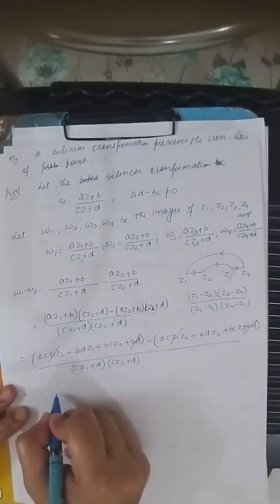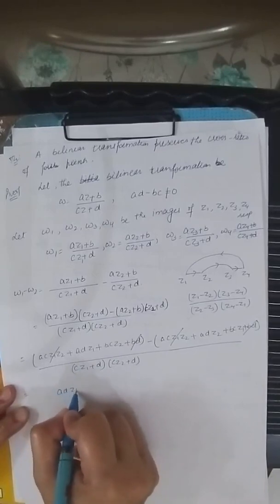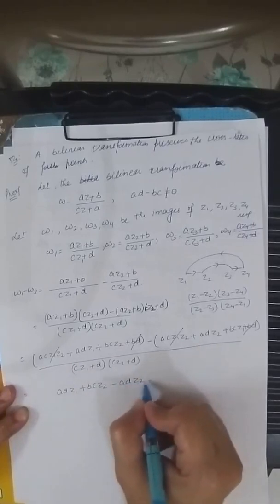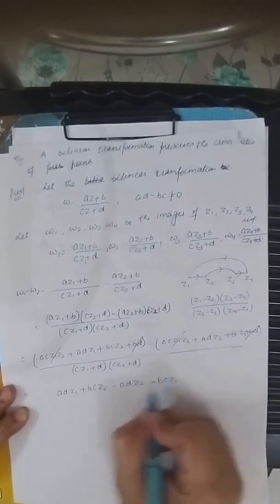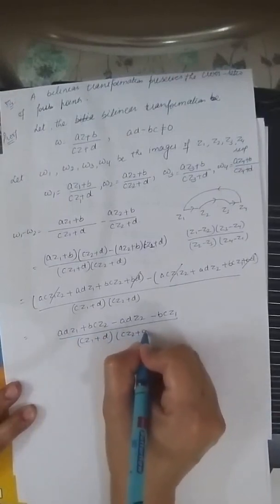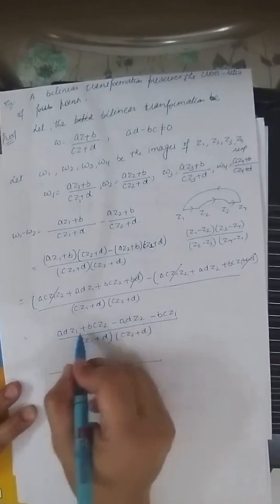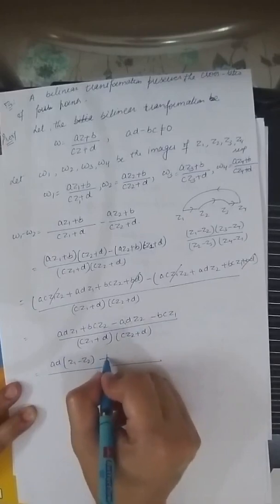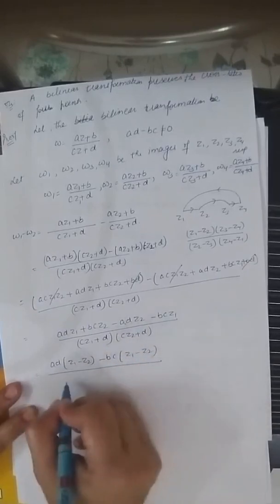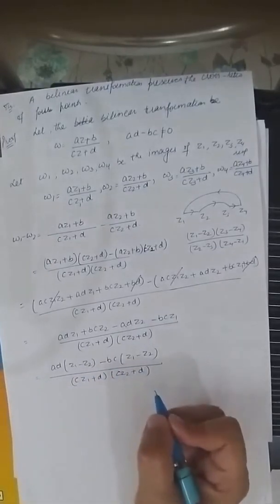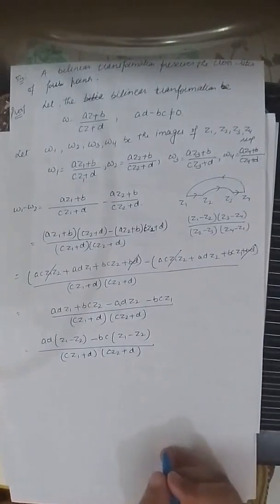From here, ADZ1 plus BCZ2 minus ADZ2 minus BCZ1 divided by CZ1 plus D into CZ2 plus D, equal to, from these two AD is common, Z1 minus Z2, from these two minus BC common, Z1 minus Z2.